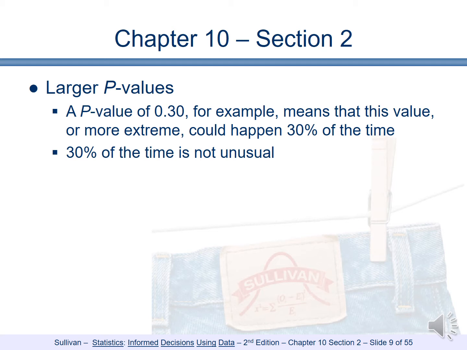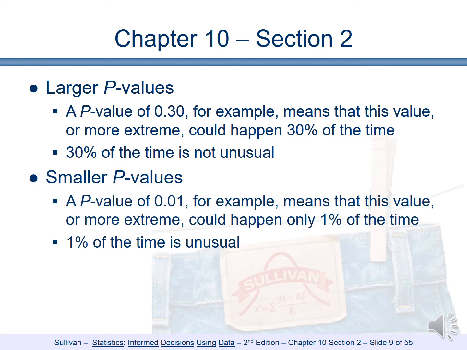Our unusual line is at 5%, but let's see what's going on here. A smaller p-value, a p-value of 0.01, for example, means that this particular value, or one more extreme than it, could happen about 1% of the time. Now, 1% is less than 5%, so this time it's unusual.